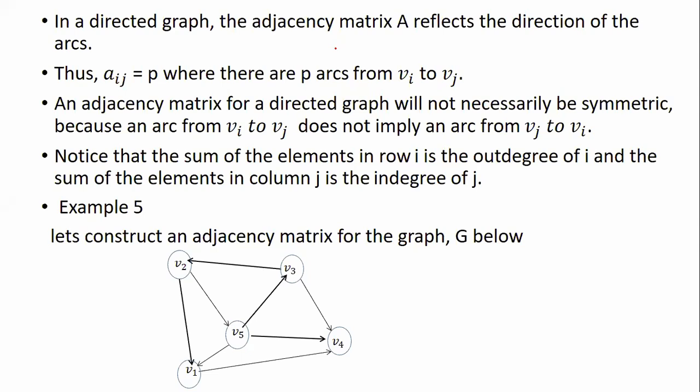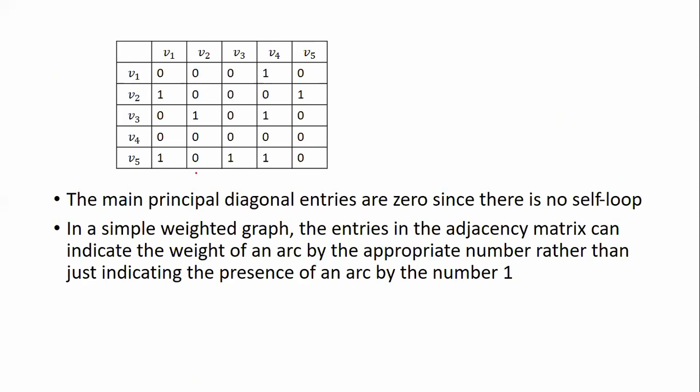Now you are having 5 vertices, so we have V1 up to V5. So just draw the array here. Then you fill in the cells depending upon the connection between the two vertices at a given point. No self loop, therefore all the diagonals must be zeros.